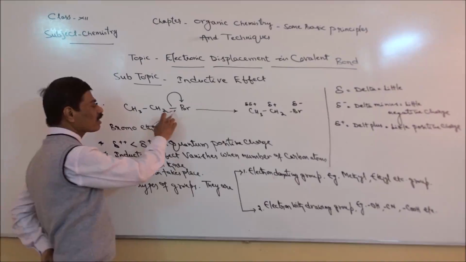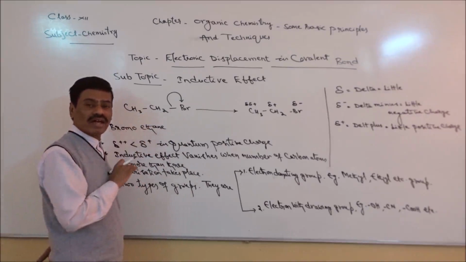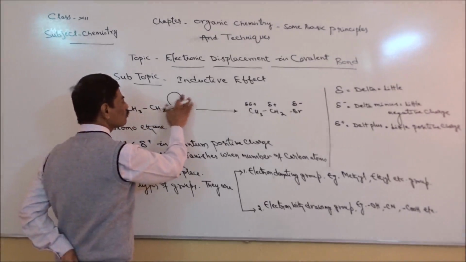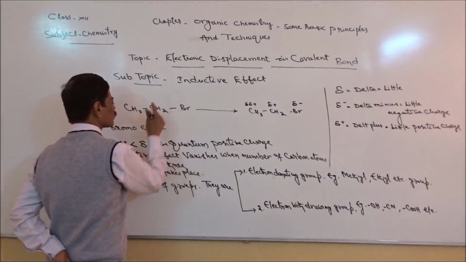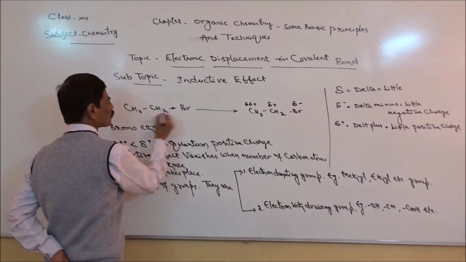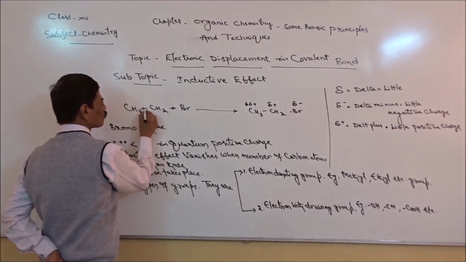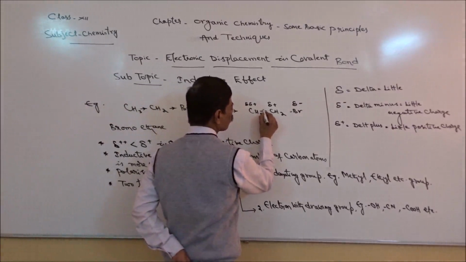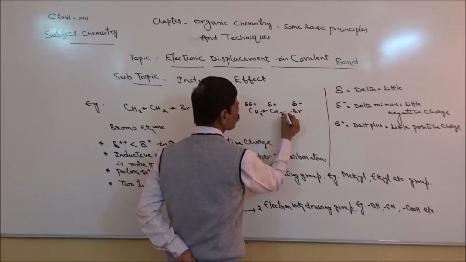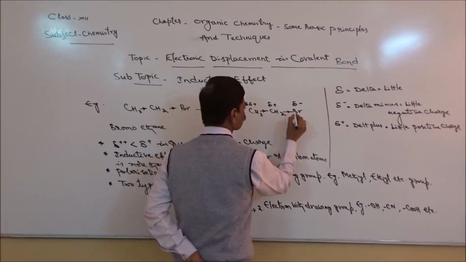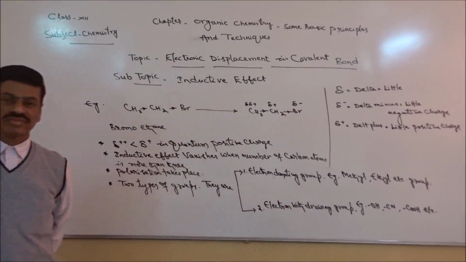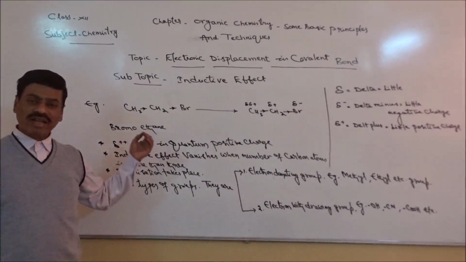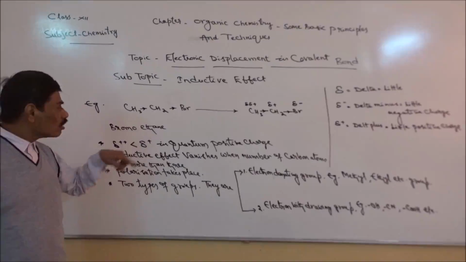Here in this case, instead of this curved arrow, we can show it like this also, and here also. We can show a curved arrow, or we can show it in this way.